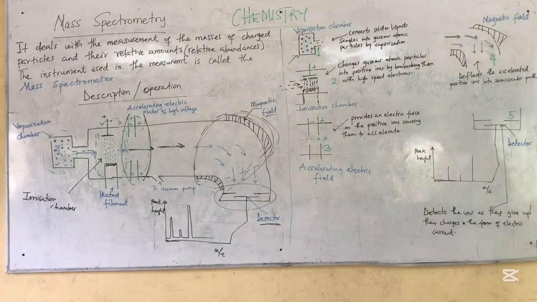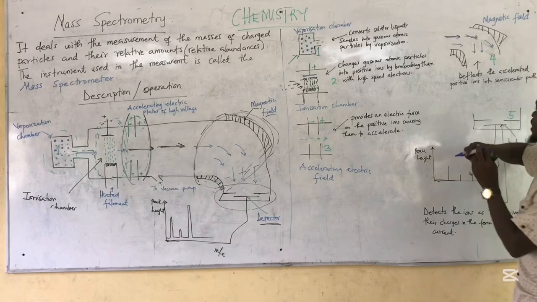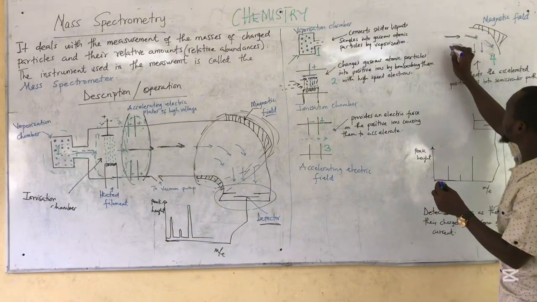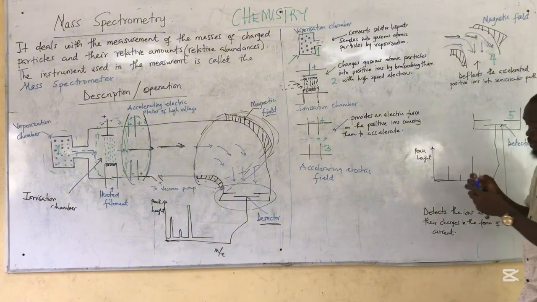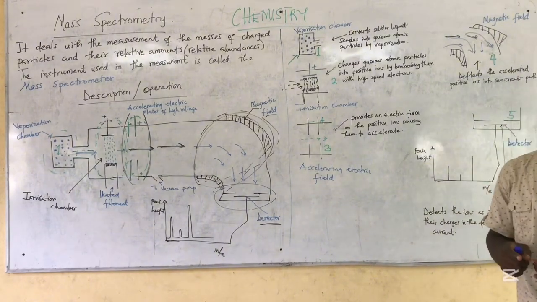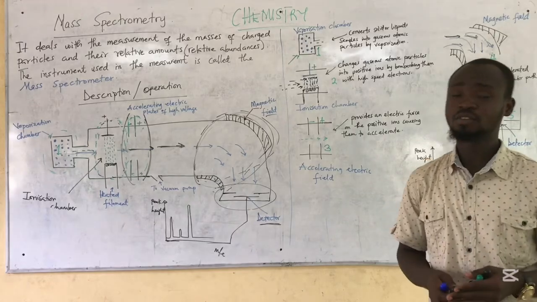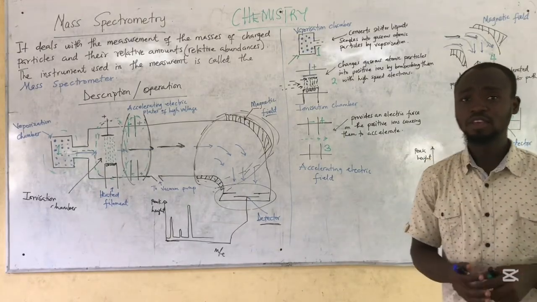It deflects these positive ions into semicircular paths. Once the positive ions get into the magnetic field, they are deflected in semicircular paths. The deflection is based on the mass of the positive ions, or simply the mass to charge ratio of the ions.